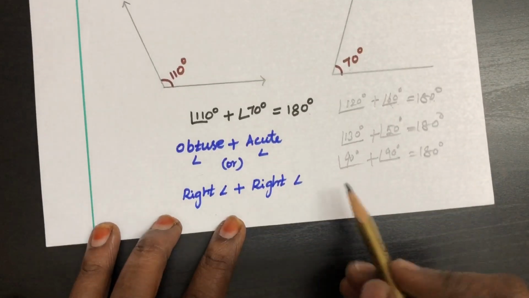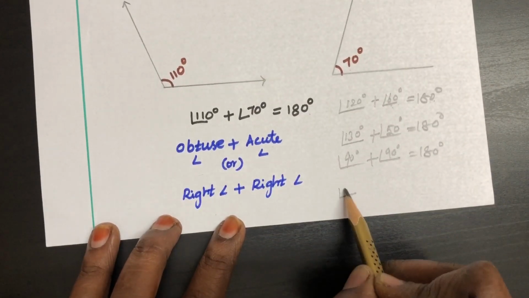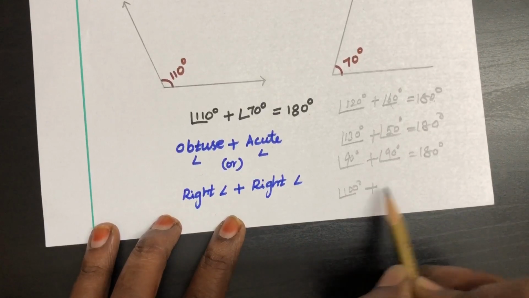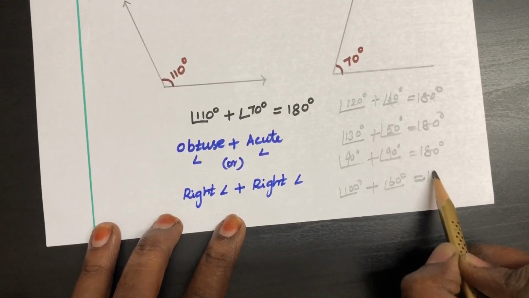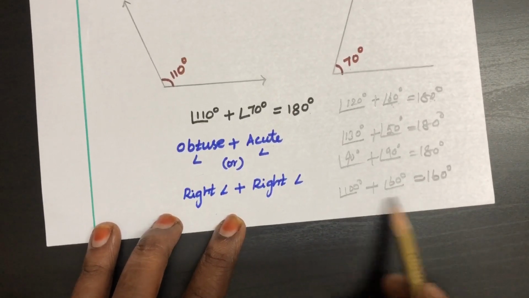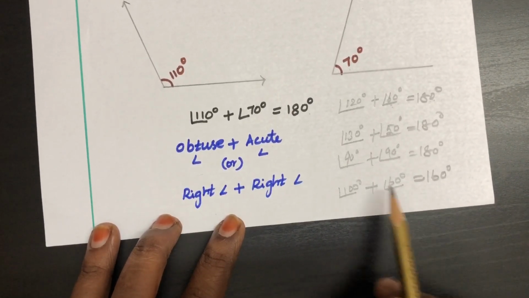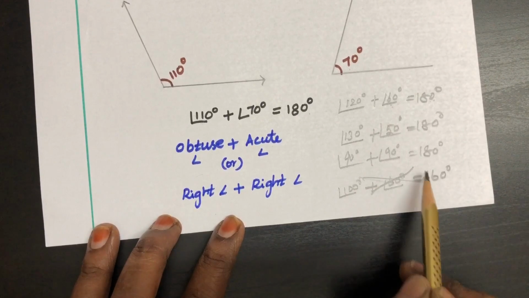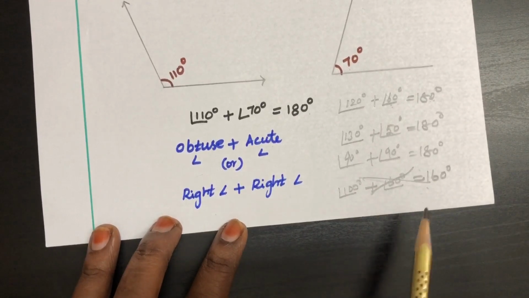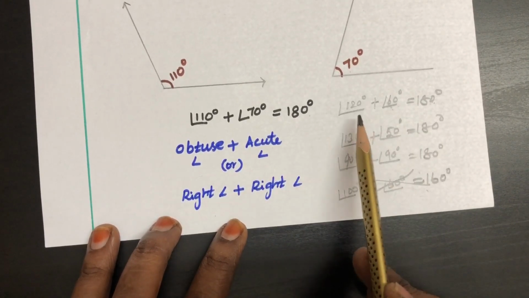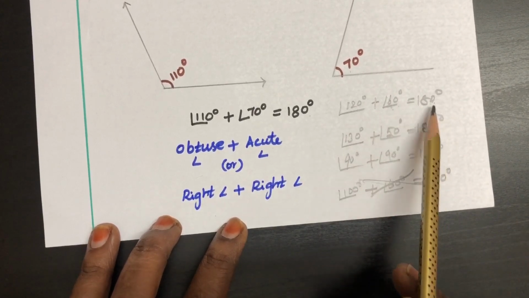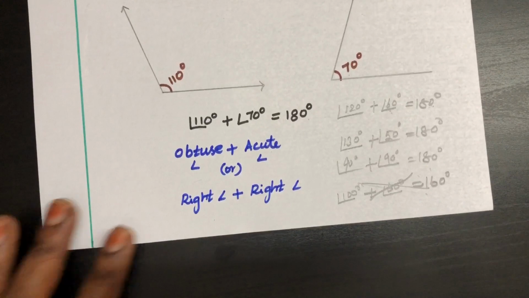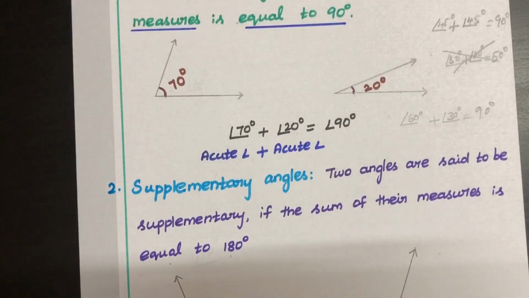See here, suppose if you have taken 100 degree plus another 60 degree, what will come? 160 degree will come. Does this make a supplementary angle? No, right? So this is not a supplementary angle pair. The measures which, while adding, give you 180 degree, that is only the supplementary angle pairs.